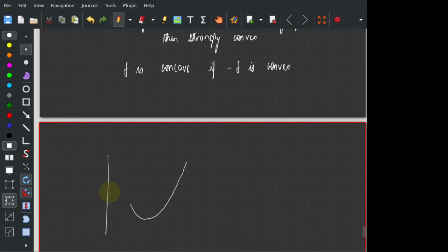This is y, this is x. Let's say this is my x1 and this is my x2. So at this point I have y equal to f of x1, and this point is going to be y equal to f of x2.